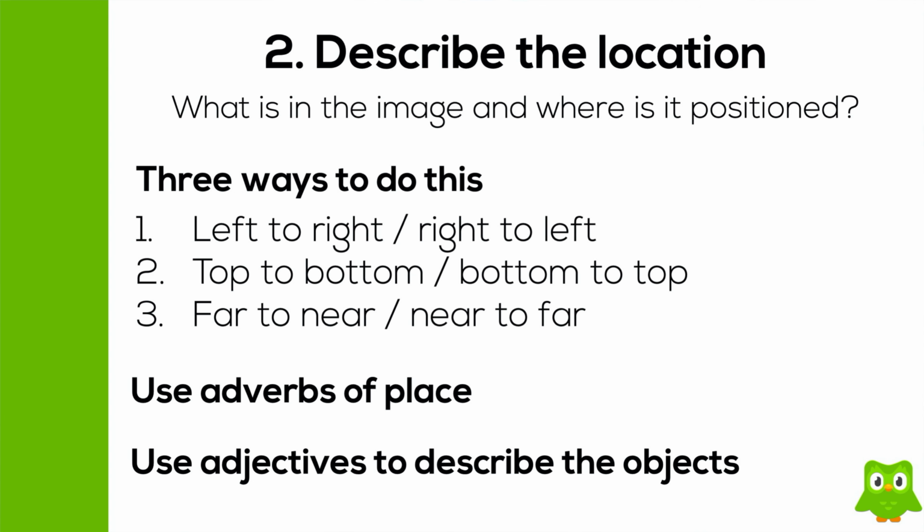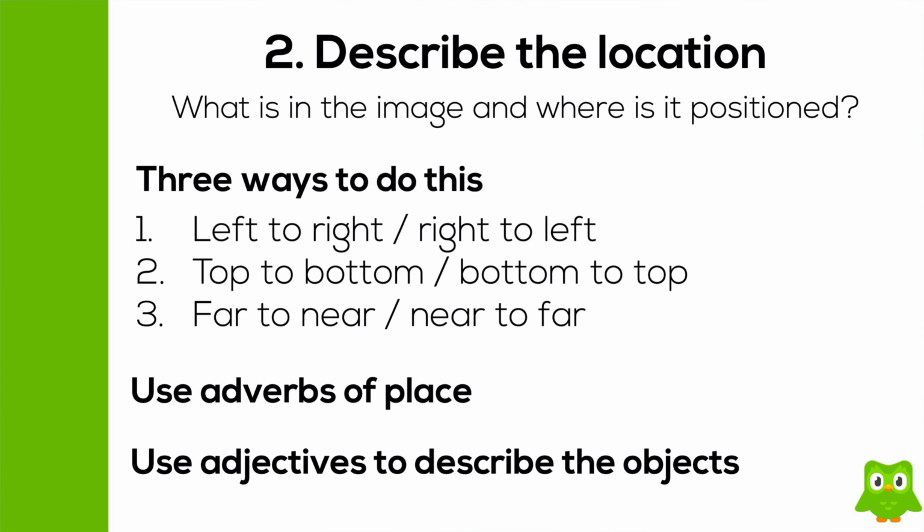Overall, this task of describing an image is a descriptive task, so you have to use descriptive language and describe where things are positioned in the picture. And it's very important how you organize your answer. There are three ways to do this. We can go from left to right, or right to left, top to bottom, or bottom to top, or from far to near, or near to far.